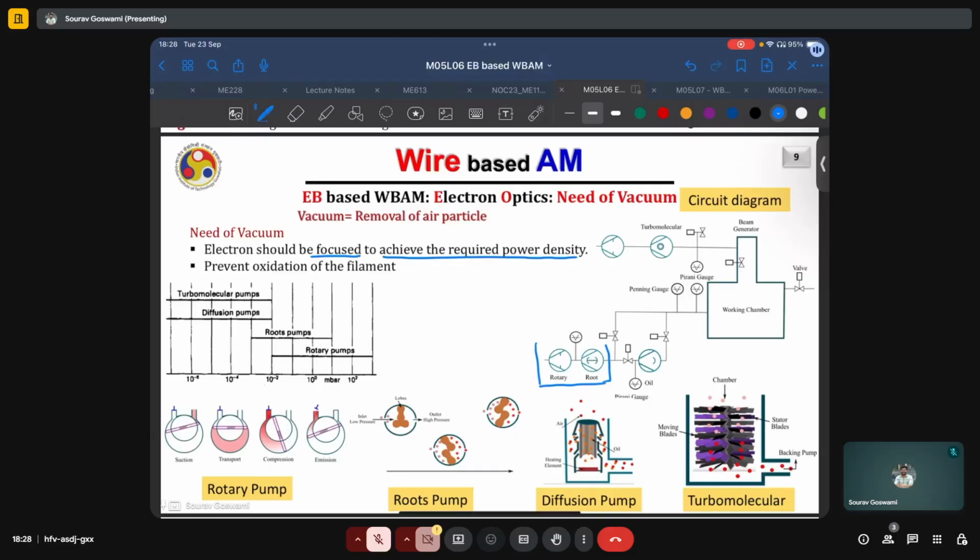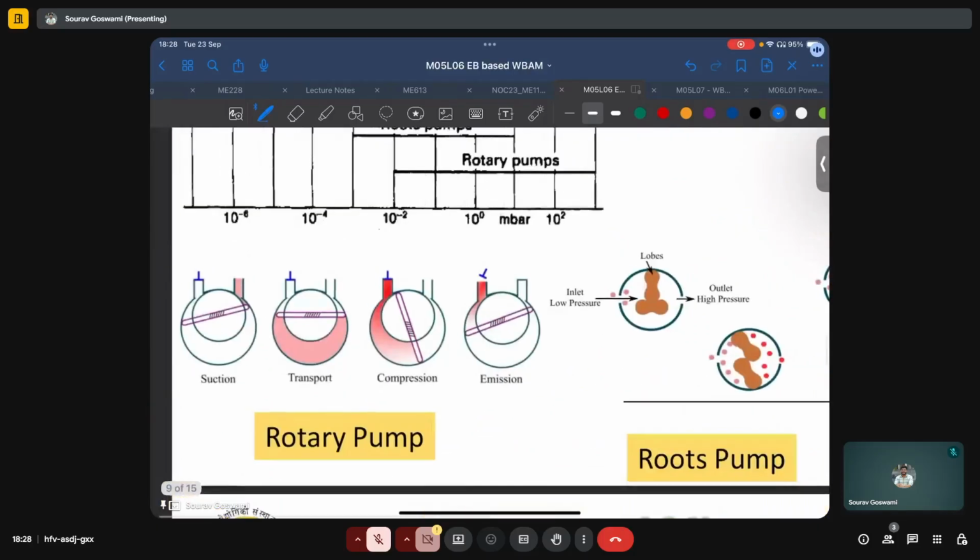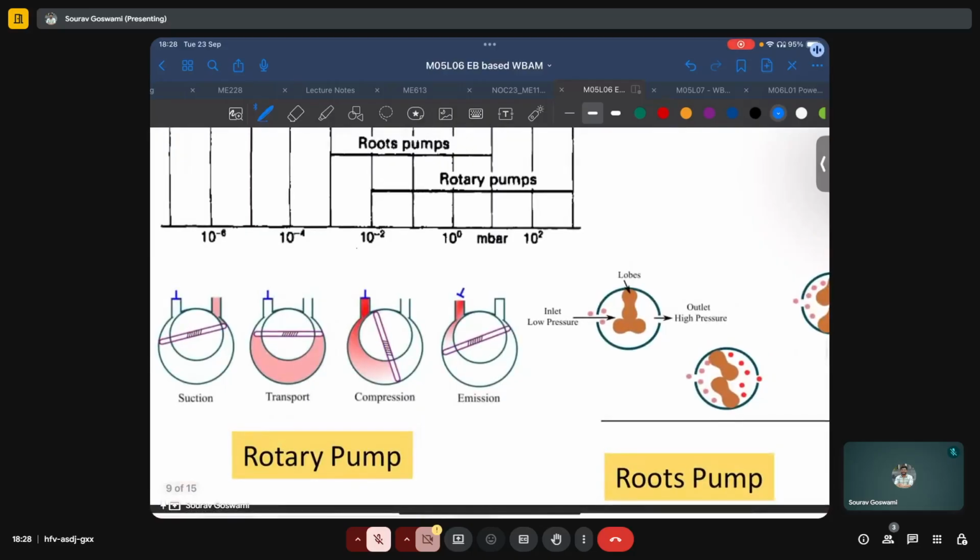And here we also have a schematic representation of the working principle of these various pumps. For the case of rotary pump, the first cycle is suction, where we see that through this inlet, which is connected to the working region, air is sucked into the pump.